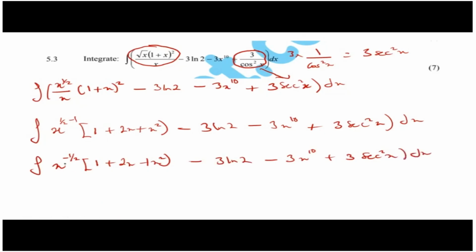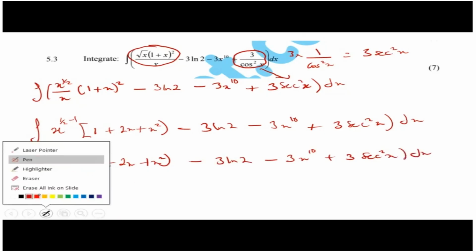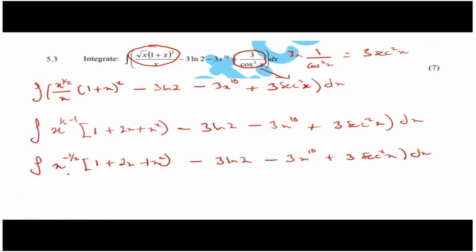So let's simplify this one now. How do we do that? We open the bracket. So this multiplies this, and it multiplies this one, and it multiplies this one.